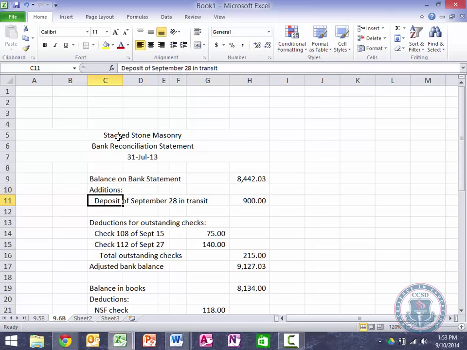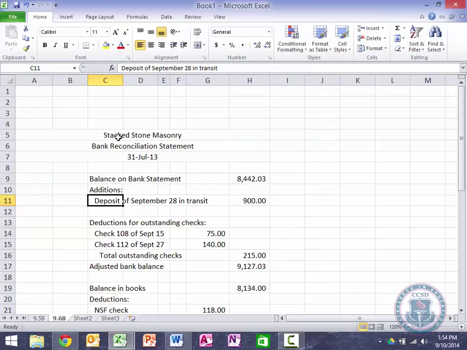Now, we would normally have to go through this whole bank statement and figure it all out, but it's not like that. It says the following checks were issued but have not yet been paid by the bank. Those go into the bank statement? Yeah, because they've been issued, but the bank doesn't have any record of them. So in order to get our adjusted bank balance, we're going to need to do that. Now, are there any additions? A credit memorandum, a firm record indicates that a deposit of $994.07 was made on July 31st.